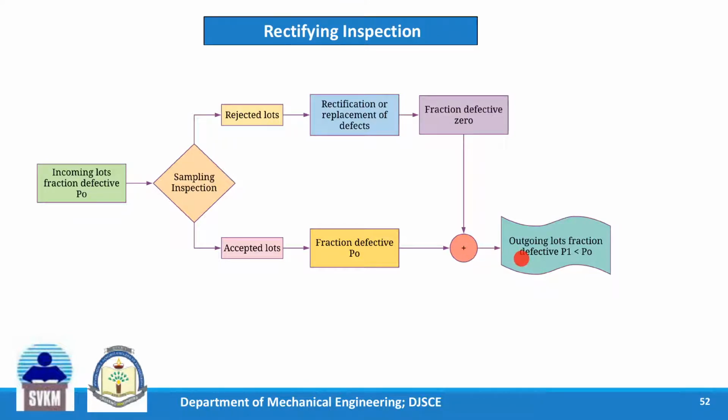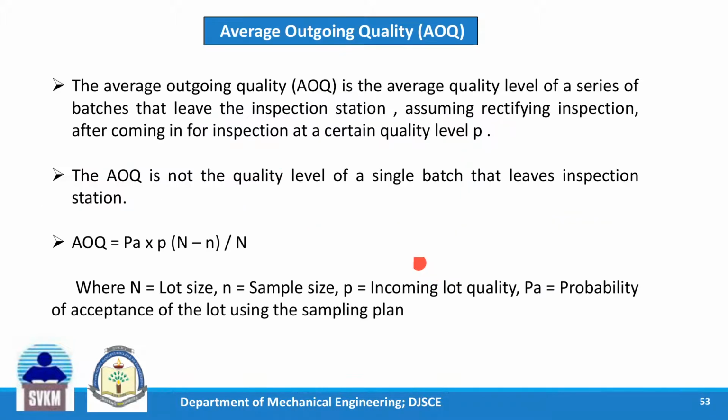That is, the average outgoing quality is reduced as compared to the incoming lot quality. That is the reason why the AOQ is not the quality level of a single batch that leaves the inspection station, but an average of multiple batches. Outgoing quality is calculated based on multiple batches, and that's the reason why it is less than the input quality.